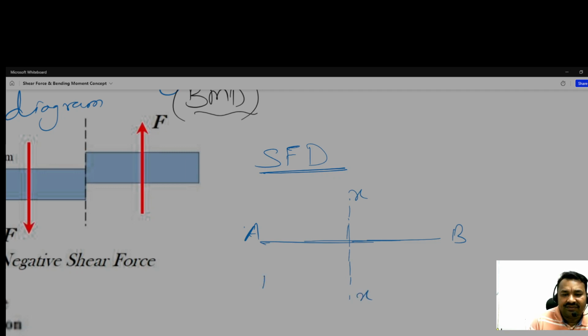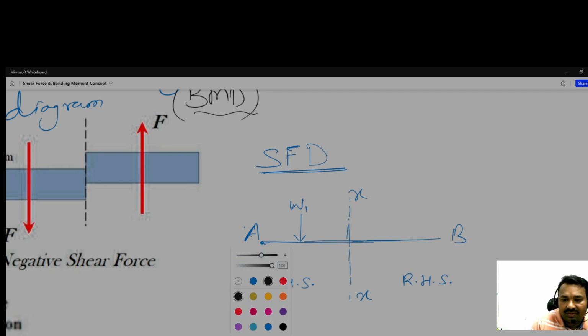This is the left hand side, this is the right hand side. Suppose at end A there is a reaction, named RA, and its direction is upward. And suppose there is a downward force, named W1. So this RA, the upward direction, we take positive, and this downward we take negative.